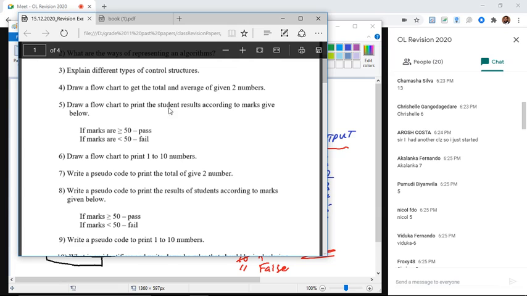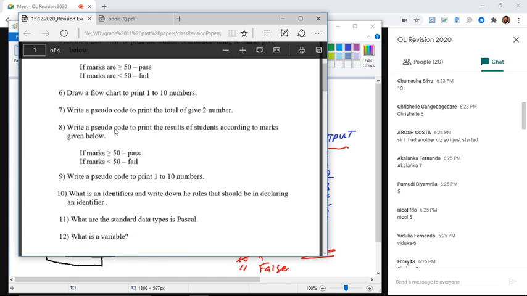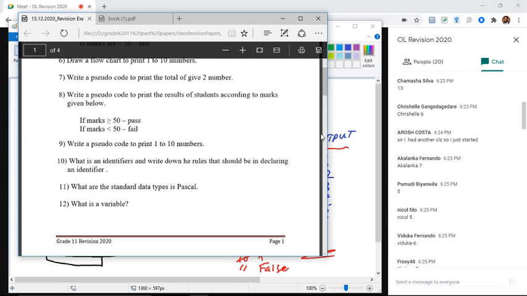This is sequence. Then selection, displaying the grade. Then repeating, while the given condition satisfied, it will repeat, it will give the idea about the repetition. Okay, so these are the three. Right, so the same thing they are asking to do with the pseudocodes. Now it will be easy for you all.